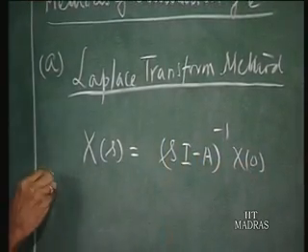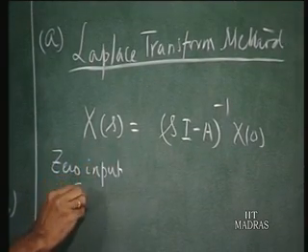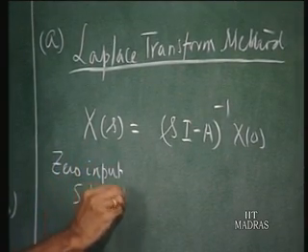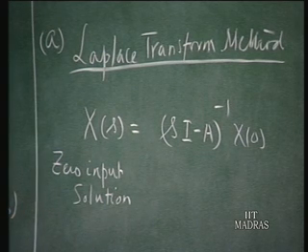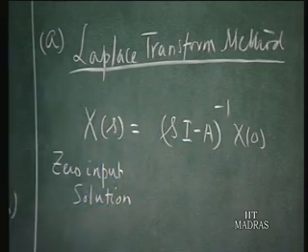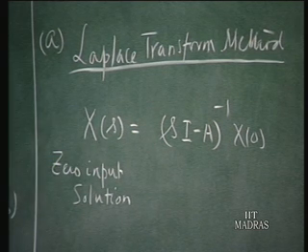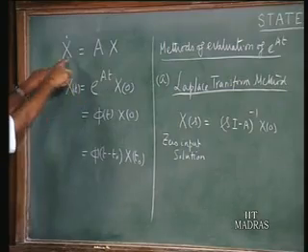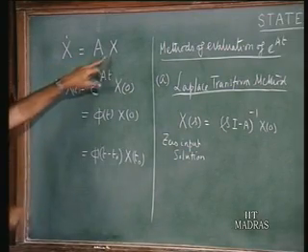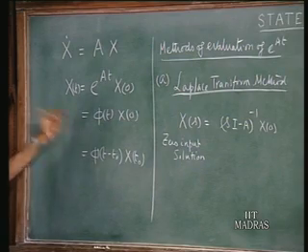This is the zero input solution. The zero input solution of the state in Laplace transform domain x of s is si minus a inverse x0. This is a constant vector. Therefore, whatever we are having here must be the Laplace transform of this, because we have taken the homogeneous equation, we said u equals 0, therefore whatever solution you get for the state is a zero input solution.